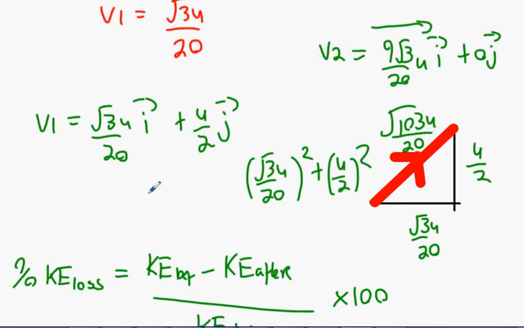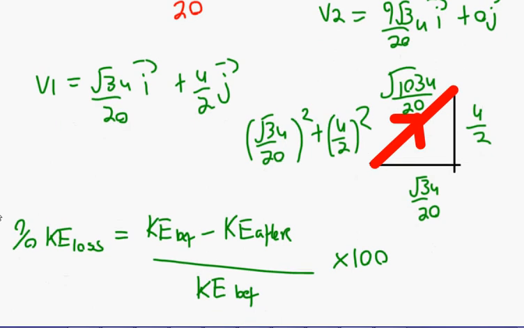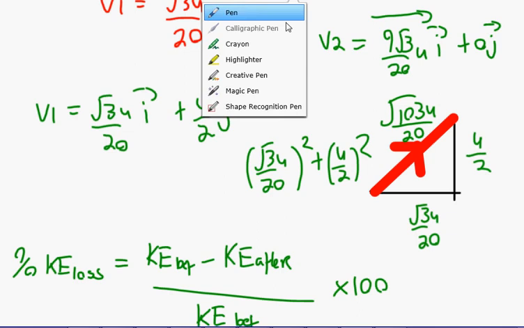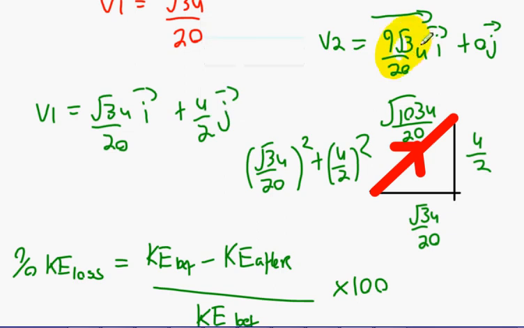Okay. So what we're going to do next is KE before minus KE after. We also have phi 2, and we also have the velocity. We have two different particles, both of mass m.